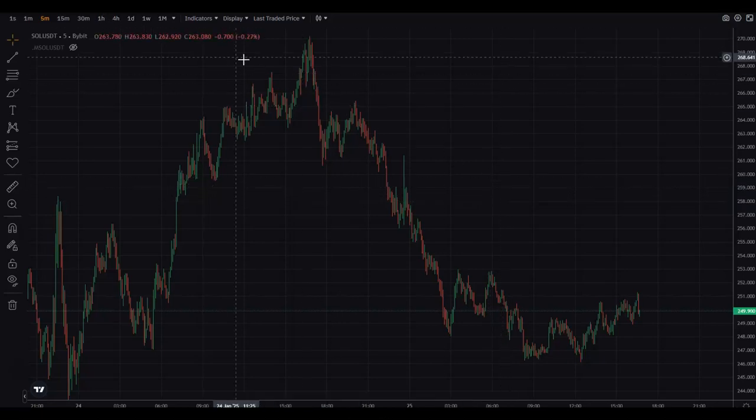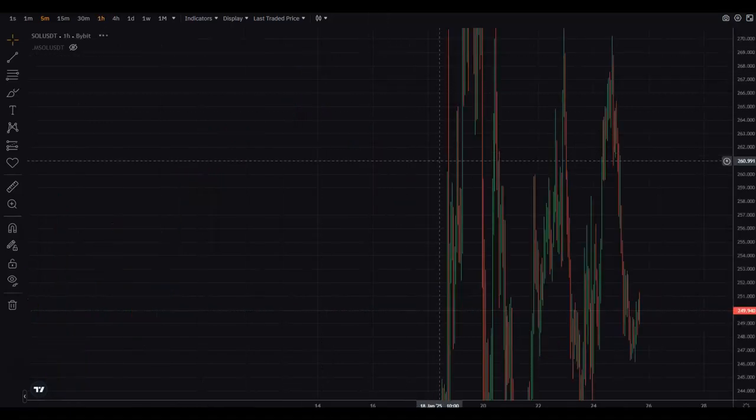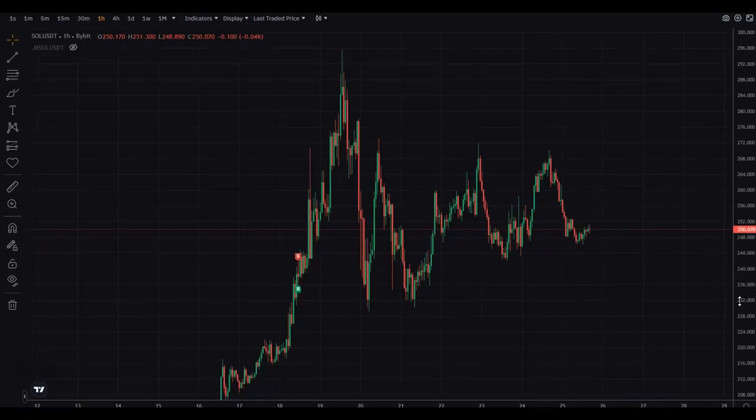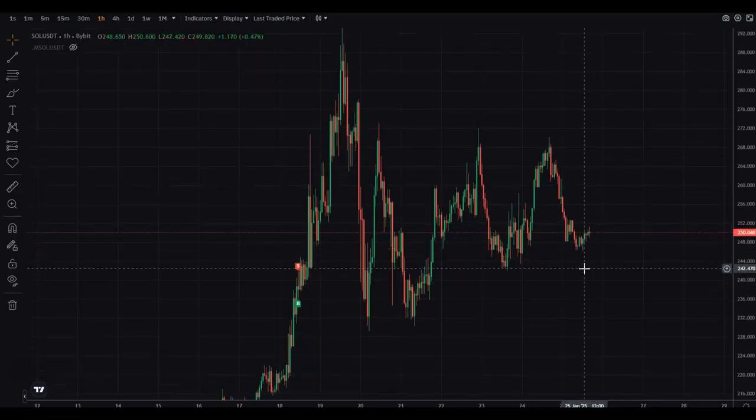So we're trading on a lower 5-minute time frame, so the first thing we have to do is to go on a higher time frame to mark the supply and demand zones. That is either supply and demand, or it's also called support and resistance.